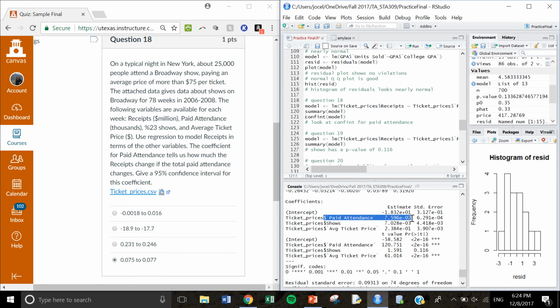The coefficient for paid attendance is 0.07. So when we're looking at that, okay, well this doesn't have 0.07 in the interval. That can't be right. And is 0.07 in the middle of either of these intervals? I don't think so. So that's why you could pick this interval, just if you know this function. Write it down on your cheat sheet so you have it for your exam.